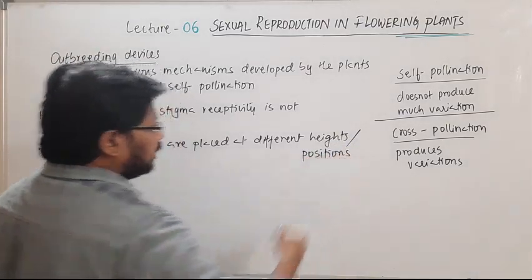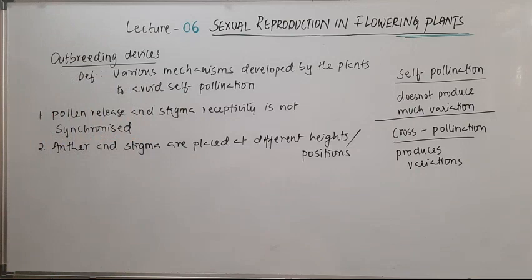So this also I will be discussing shortly. I am just listing out the various outbreeding devices. So the first one, which I said already, is that pollen release and stigma receptivity is not synchronized. The second one, anther and stigma are placed at different heights or positions.